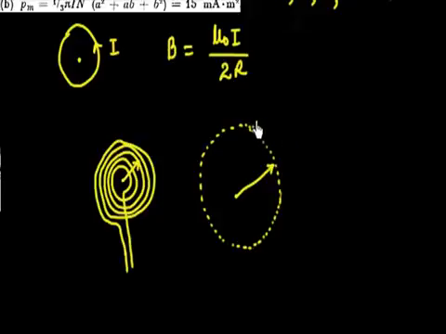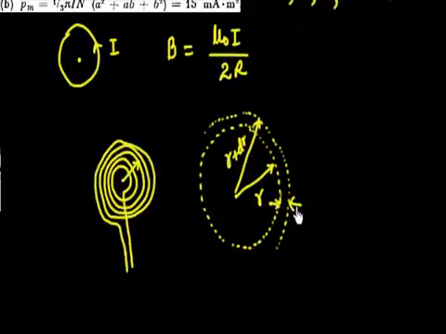Let us say thickness is dr. The next circle is of radius r plus dr. So this is r and this is r plus dr. This means this thickness is dr.